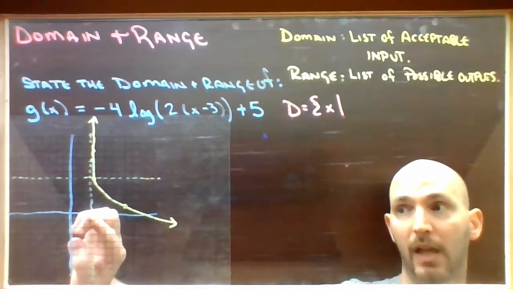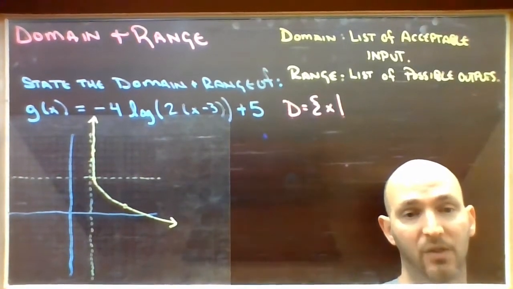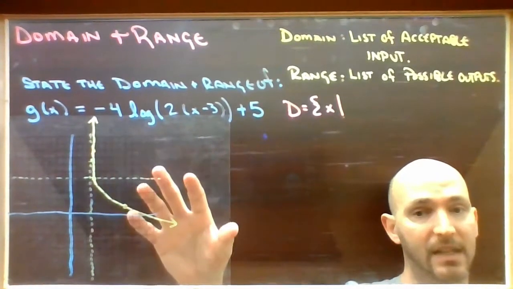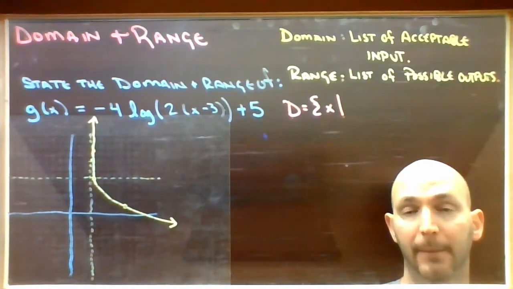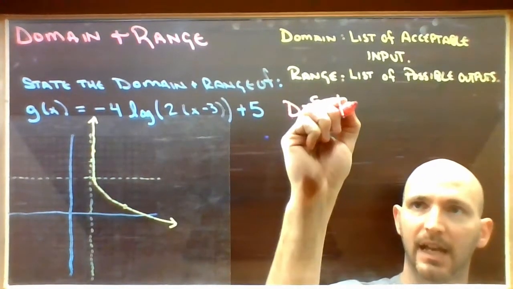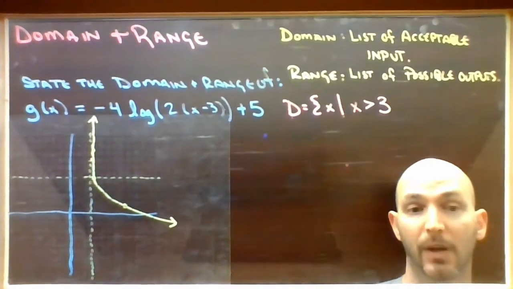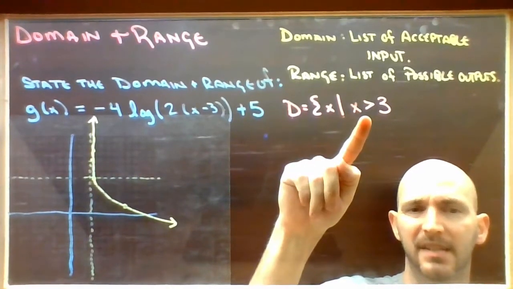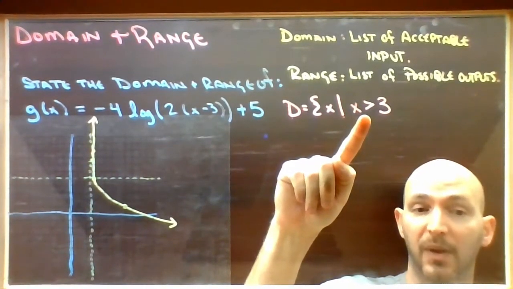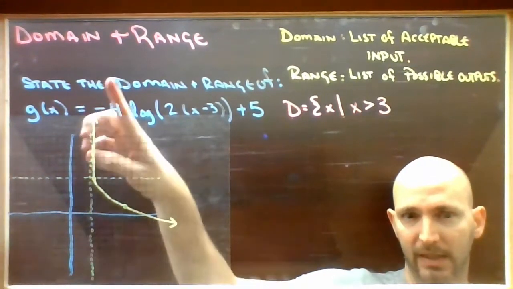below x is 3. So that's the restriction on my domain, that this thing only exists, it only works for x values that are bigger than 3. So if I write that in there, x has to be greater than 3, because that's where I'm finding it. Now, sometimes this is just a greater than, sometimes it's greater than or equal to 3. So I'd have to look at this thing here.